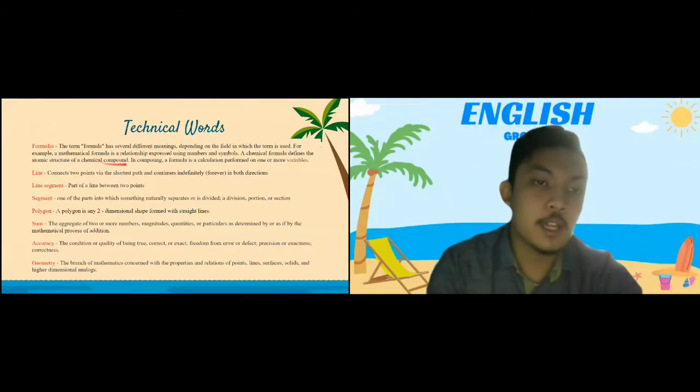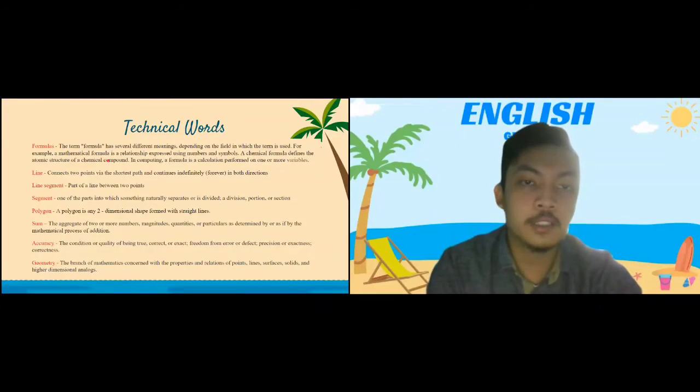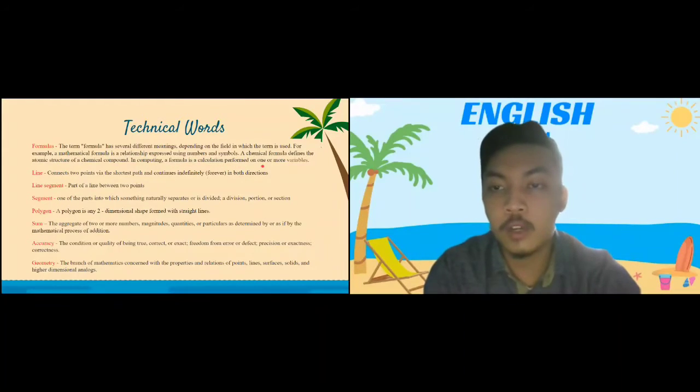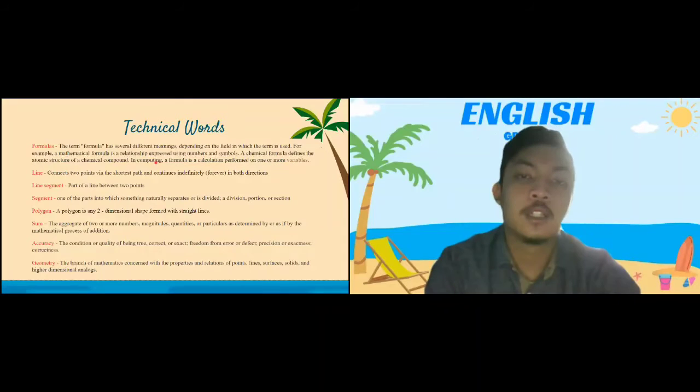For example, a mathematical formula is a relationship expressed using numbers and symbols. A chemical formula defines the atomic structure of a chemical compound. In computing, a formula is a calculation performed on one or more variables.